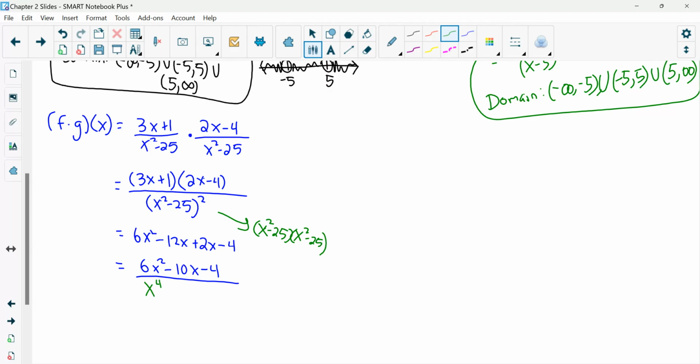Double the product. Our product is negative 25x squared, so that would be negative 50x squared. And you square the last. 25 squared is 625.